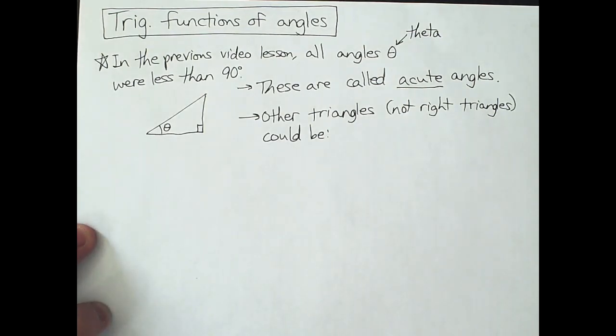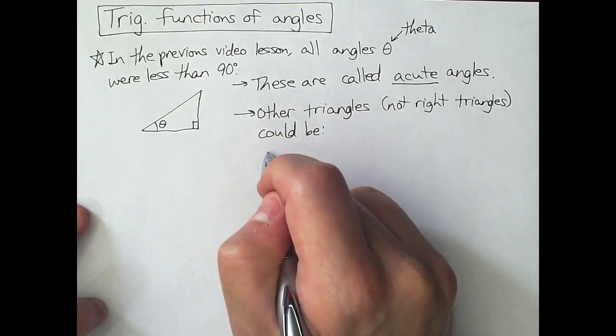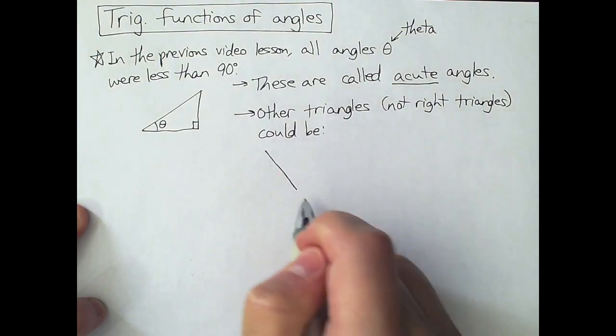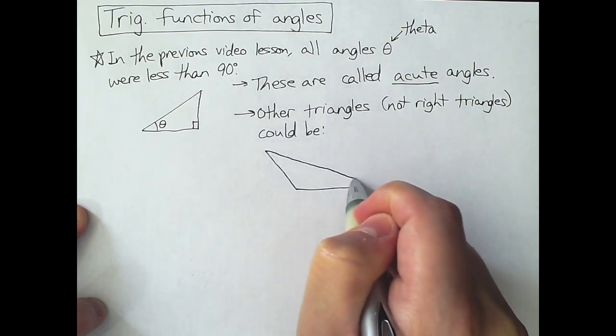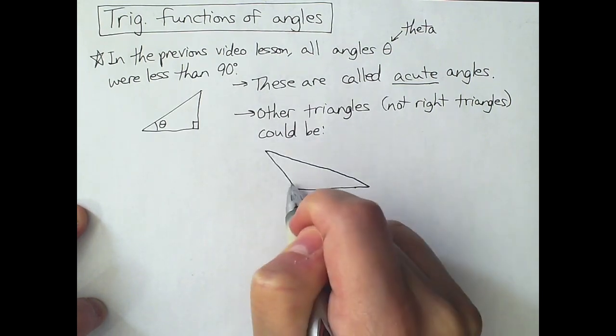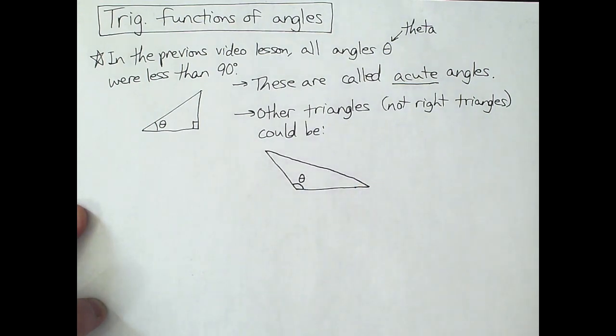Have we drawn any triangles in this class that were not right triangles? Well, you could have something like this. And maybe the angle that we're interested in is this one. And that angle looks like it's larger than 90 degrees.